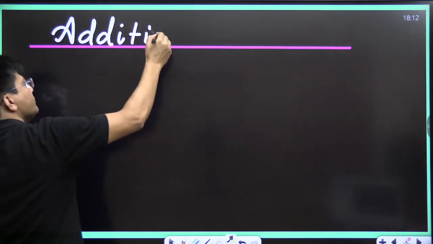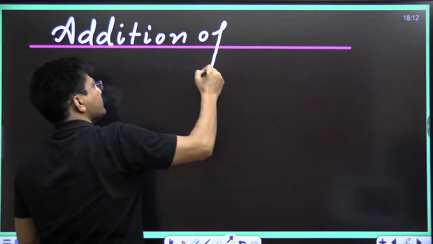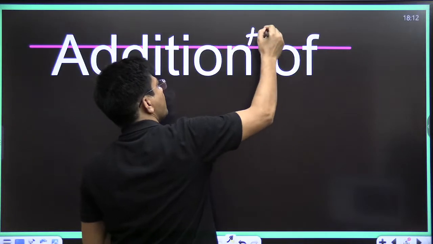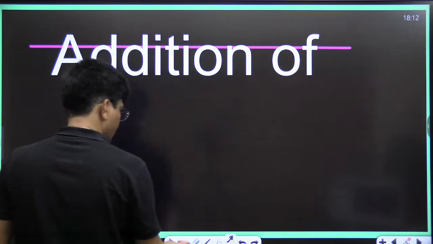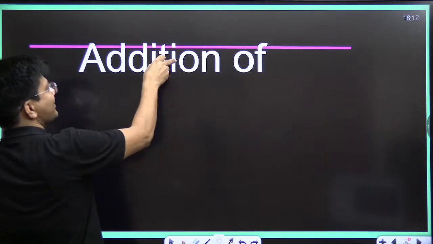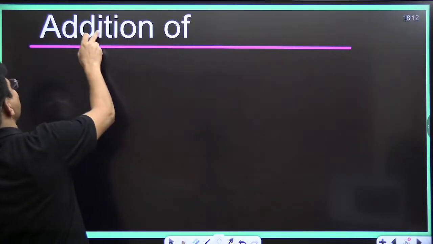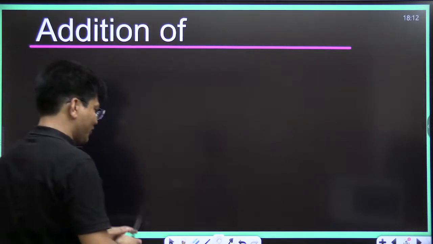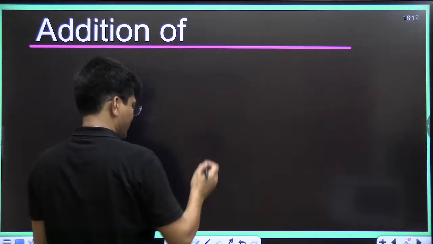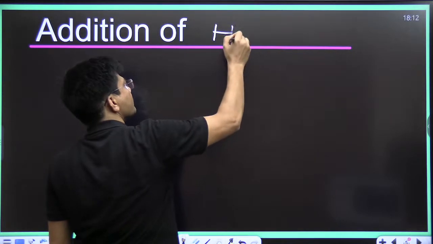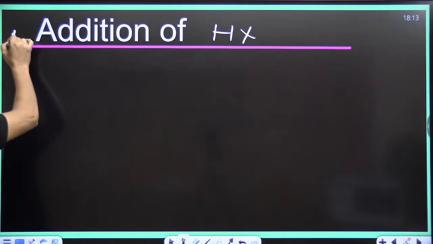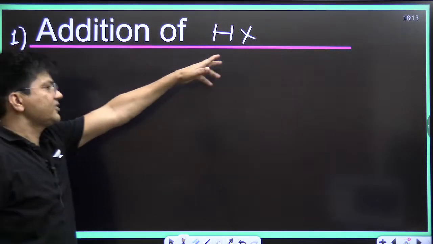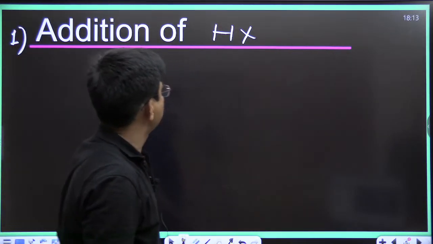Addition of HX. See, this is the technology. See, what I have written got changed. So addition of HX. This I'm going to tell you first of all. What is HX? X is a halogen and H is hydrogen.